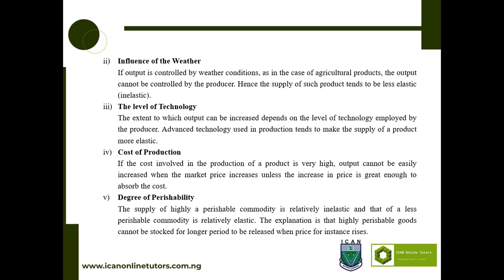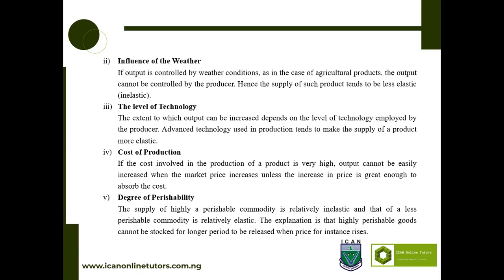We have cost of production as one of the determinants of price elasticity of supply. If the cost involved in the production of a product is very high, output cannot be easily increased when the market price increases, unless the increase in price is great enough to absorb the cost.